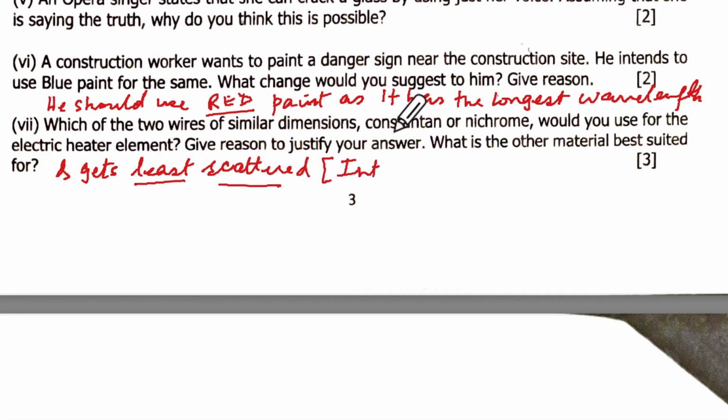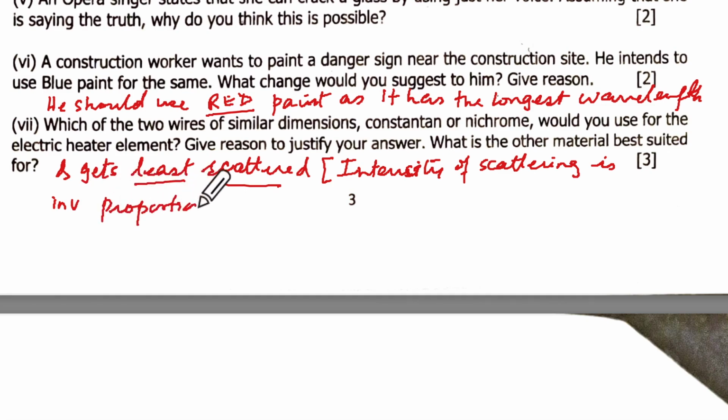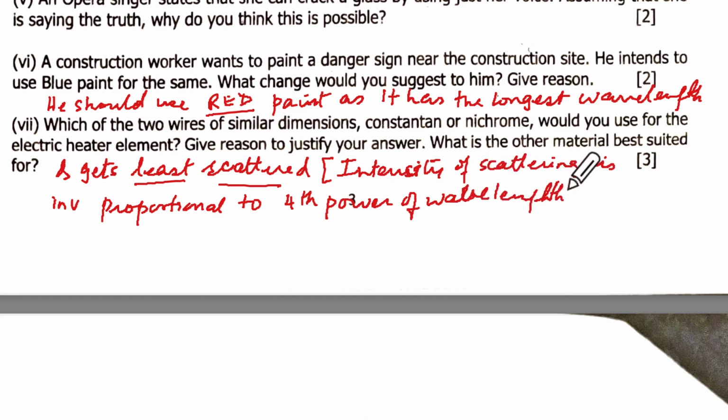What do we write in bracket, underline least scattered? Intensity of scattering is inversely proportional to the fourth power of wavelength. That is I proportional to 1 upon lambda to the power 4.